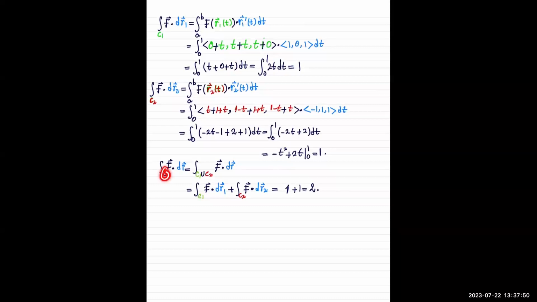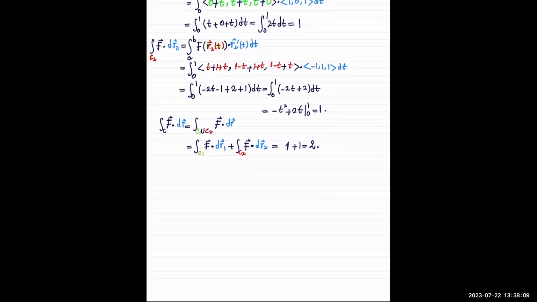C is C1 united with C2, so you just add the two line integrals. Each line integral gave you 1, just a coincidence that these are both 1. So the total is 2. All right, so that's the idea of line integrals.